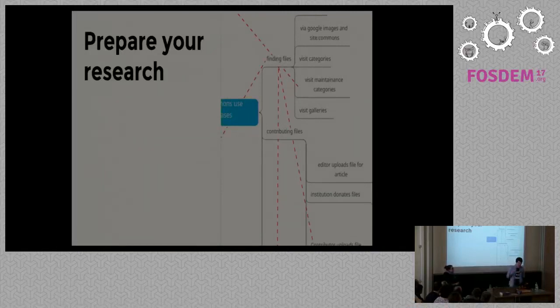For example, here on the right-hand side, we collected a still incomplete but huge map of things you can do in our image database, Wikimedia Commons, like uploading images, commenting on images, and so on. And we tried to see in which problem space we are moving in researching the needs of Commons users.